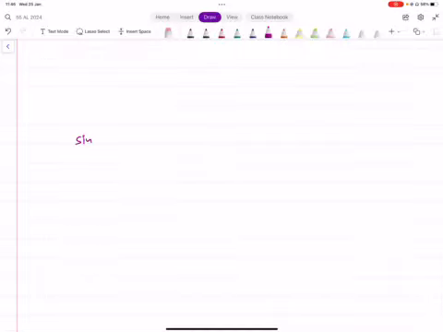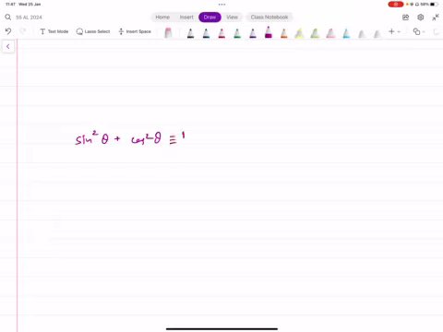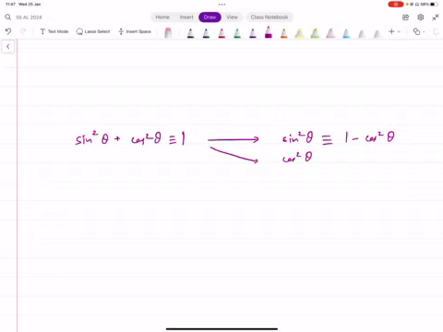The first one is sine square theta plus cos square theta identical to 1. And from this, we can also infer that sine square theta can be written as 1 minus cos square theta, and also cos square theta can be written as 1 minus sine square theta.